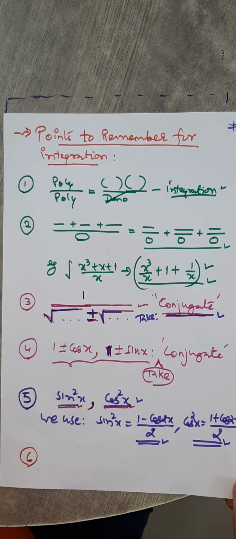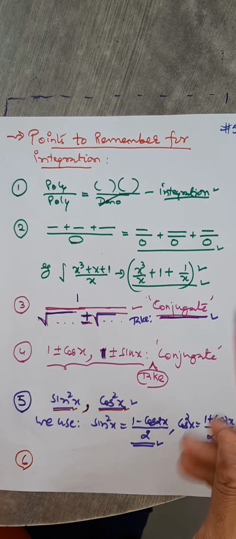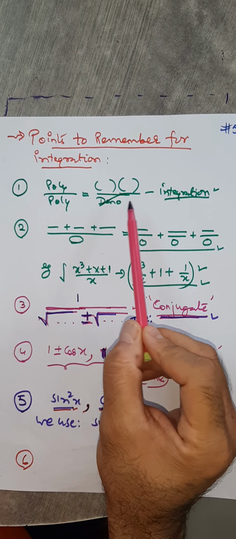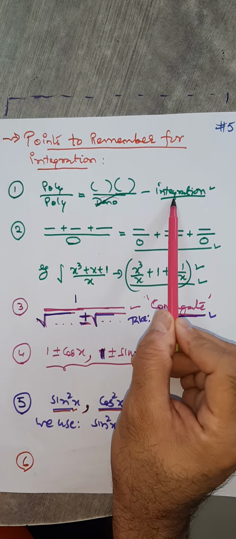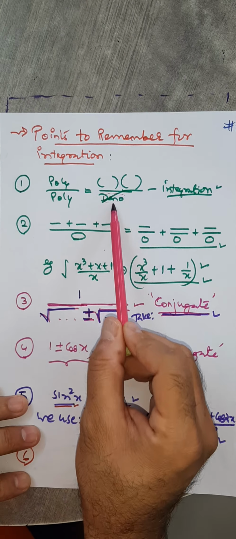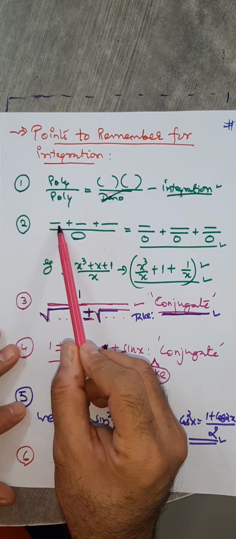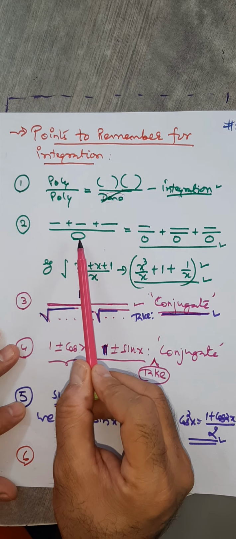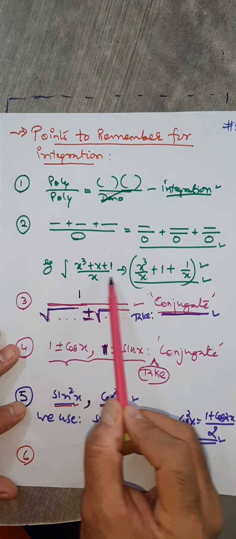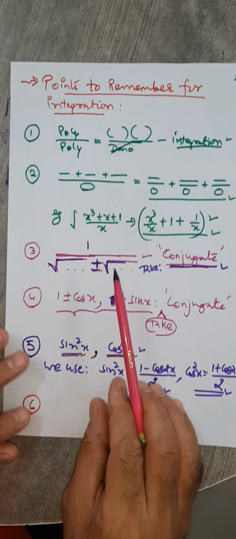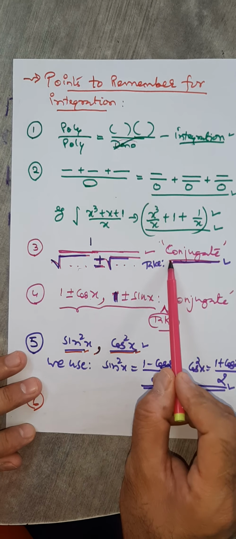Okay, so let's recap all these 10 points. If you have such polynomial upon polynomial, cancel this denominator and integrate it, because you don't have a division rule. If you have more number of terms than this, then do individual division as I explained here. If you have a square root like this, take the conjugate.